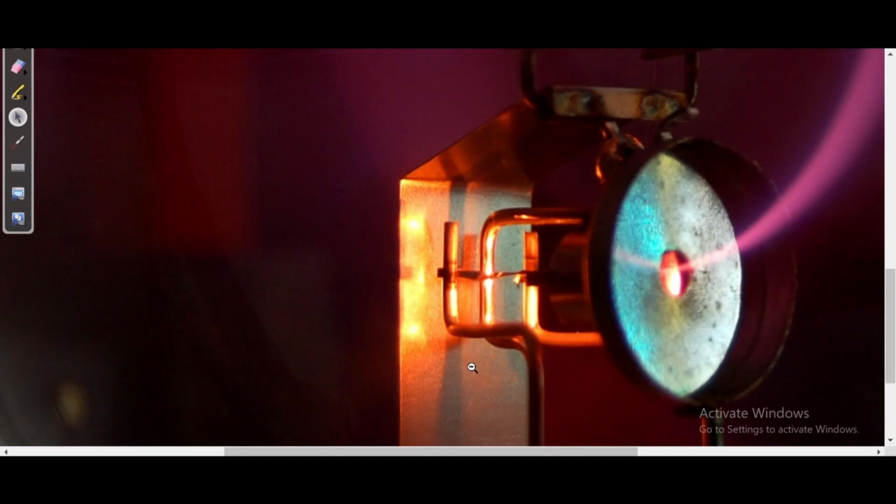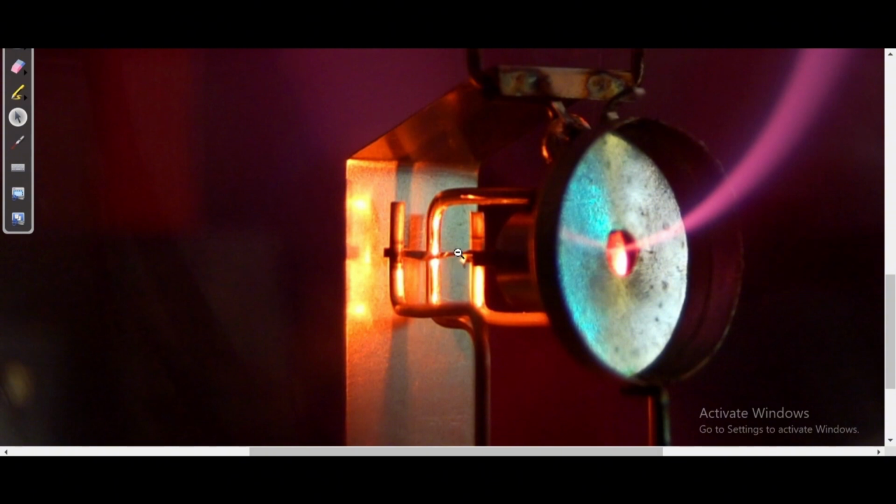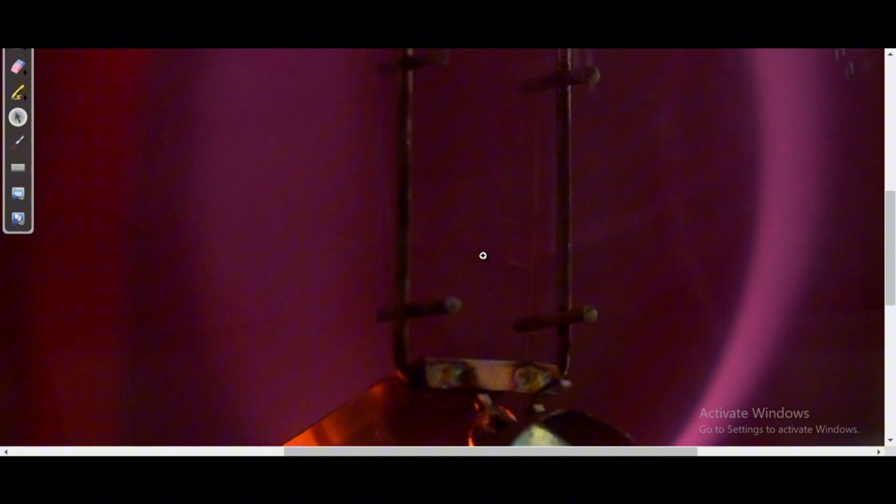We have the cathode and the electron, which is called the electron gun. In this portion, due to the external electric current, the resistance will increase, and due to that resistance heat will be produced, and due to that heat the electrons will be ejected from this filament.